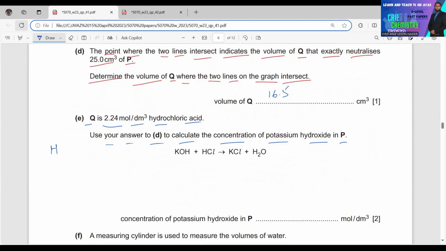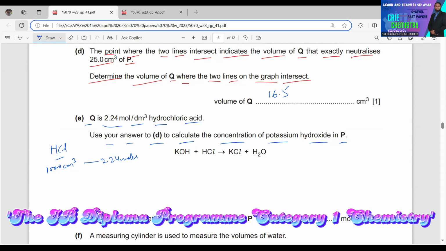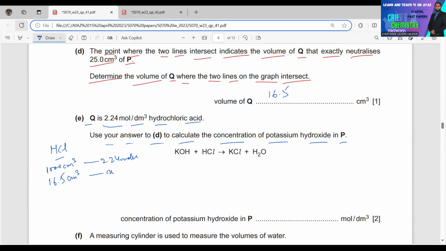So I will write HCl in 1000 centimeter cube. As you know, 1 dm cube is equal to 1000 centimeter cube. 1000 centimeter cube contains 2.24 moles. Therefore, 16.5 centimeter cube contains X moles.